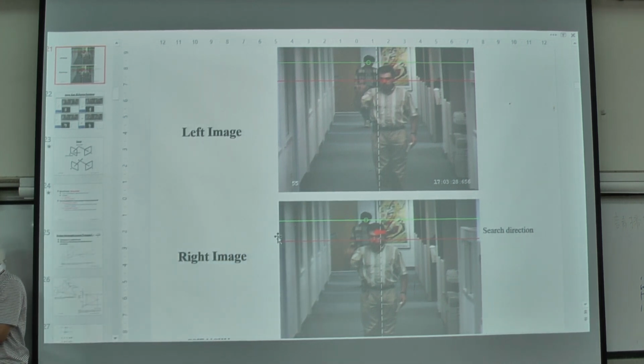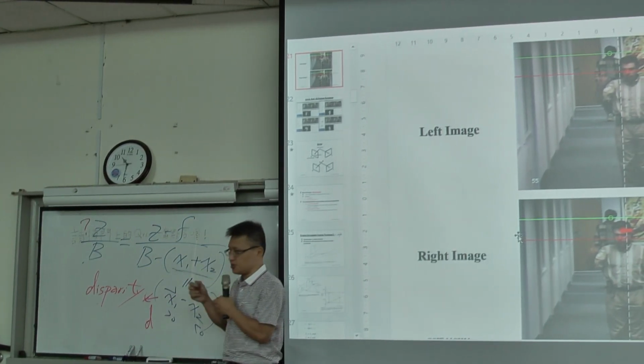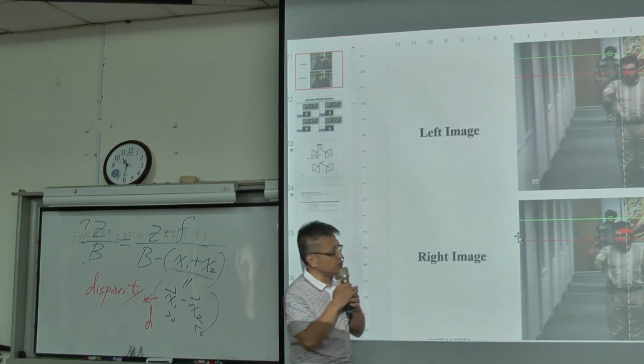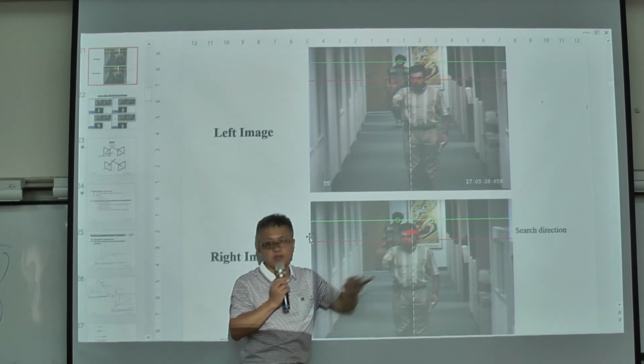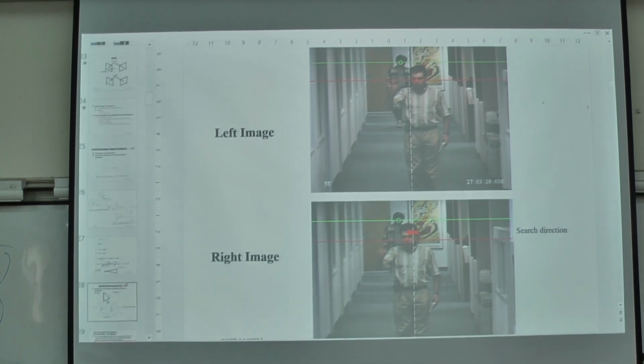So that is disparity d. 你只要找到 corresponding point. After you find the corresponding point, you get the z. This is the theory for the stereo.